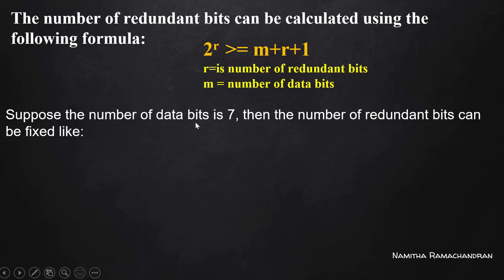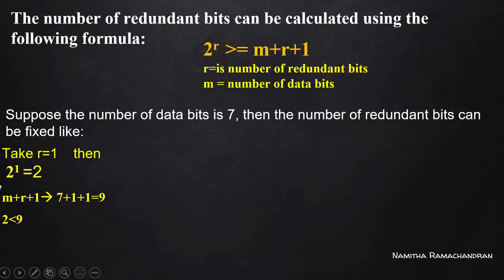Suppose the situation is like this. We want to transfer data with 7 bits. Now we need to fix the number of redundant bits required. Using this formula, start with the value 1 for r. If r equals 1, then the LHS becomes 2 to the power 1, that is 2.